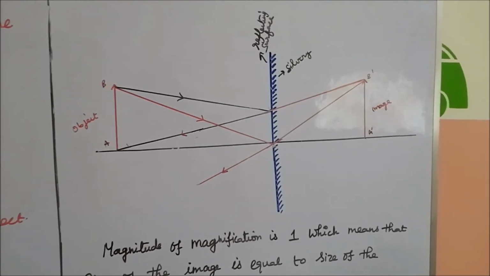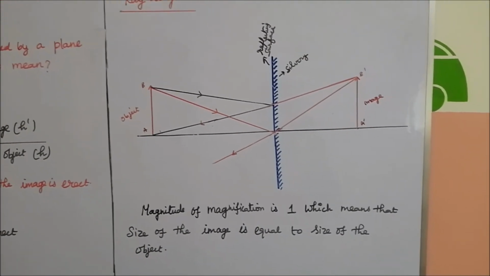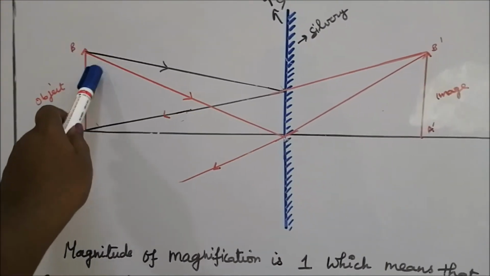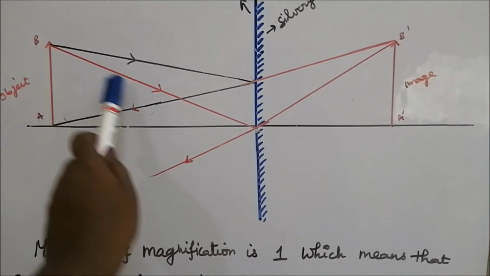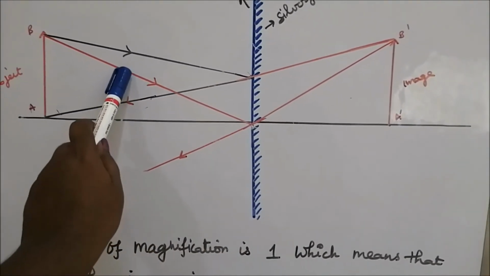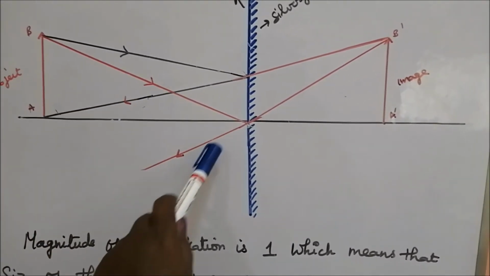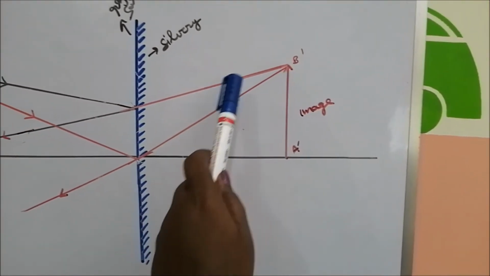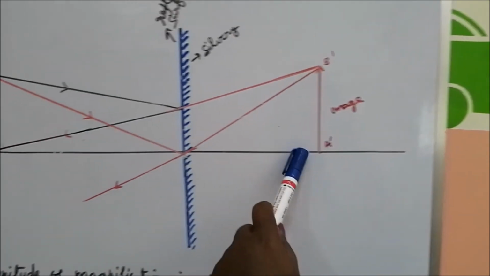This is the ray diagram for getting the magnification +1. This is a plane mirror, and rays from the object fall on the mirror and get reflected like this and like this. These two are incident rays and these two are reflected rays. At the point of reflection, if we draw a line, we will get the image here.